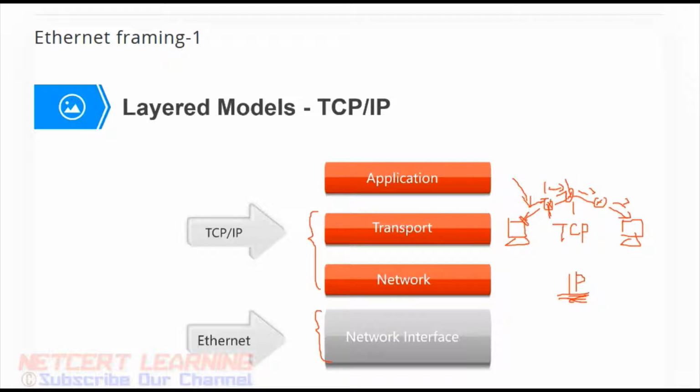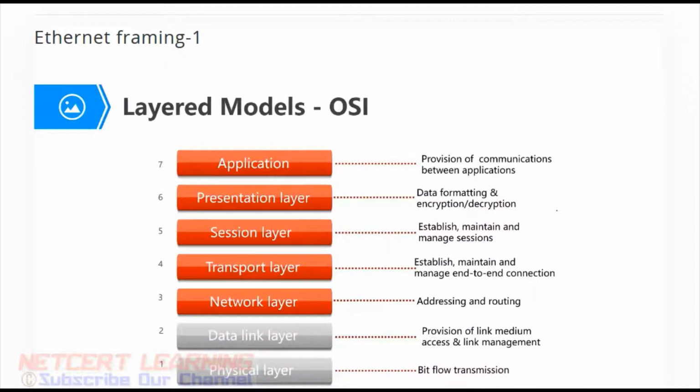Then how to use this medium, how to modulate the signals and send them over the physical medium to reach the next hop, is the function of the network interface layer. This is the TCP/IP layered model.